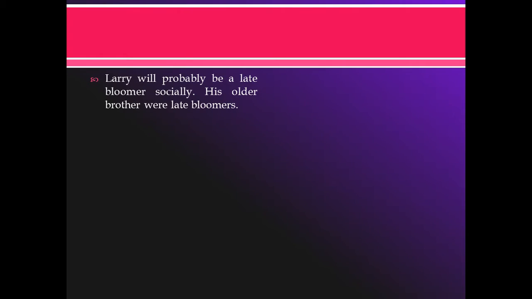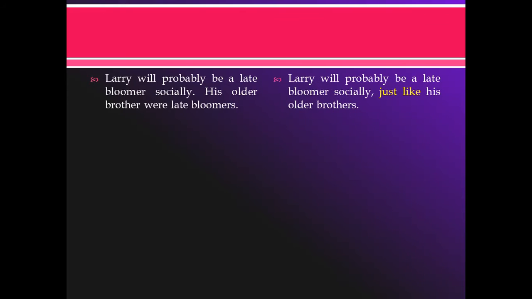But these are separate sentences. They're not connected. So it might be better written as follows. Larry will probably be a late bloomer socially, just like his older brothers. So this is a transition phrase. He will be a late bloomer, just like his older brothers. So there's a smooth transition of thought.